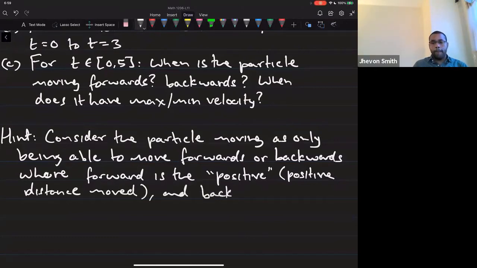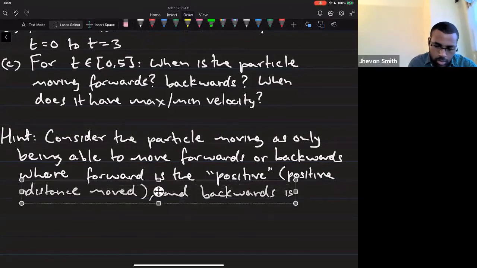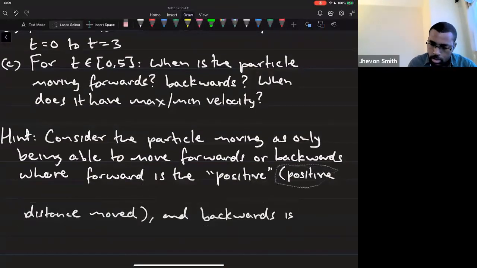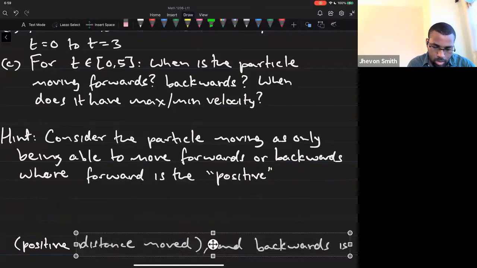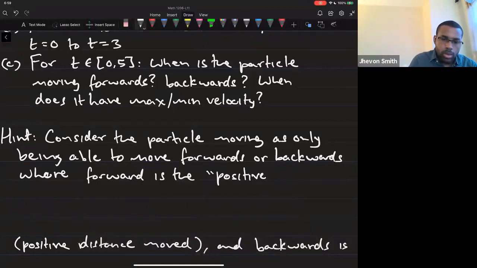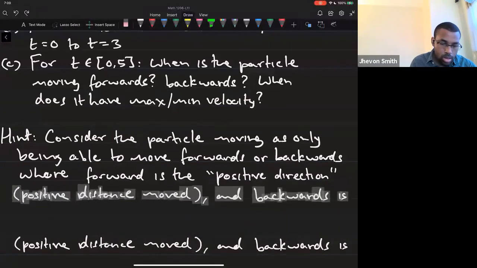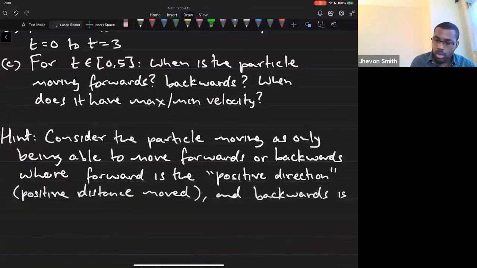And backwards is the negative direction.